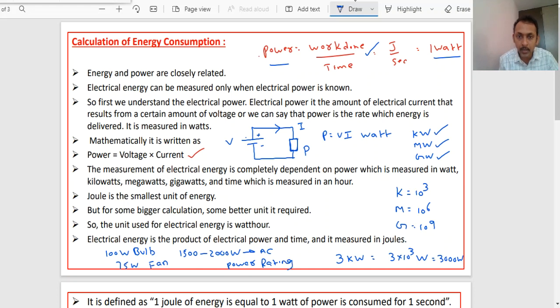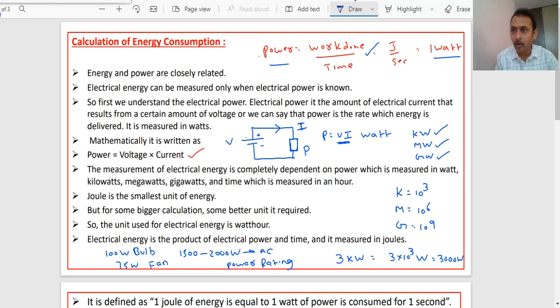Now depending upon the power rating, the load will draw some amount of current. Now if you multiply the voltage applied to the load and the current drawn by the load, you will get the power consumed by the load.